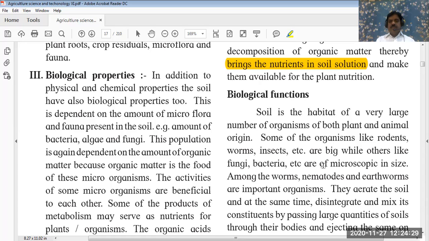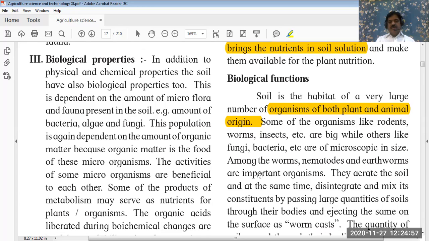Any soil which is used for agricultural production always has two kinds of organisms. Which are the two kinds of organisms? Plant and animal origin. These two kinds of origin are always available in the soil.